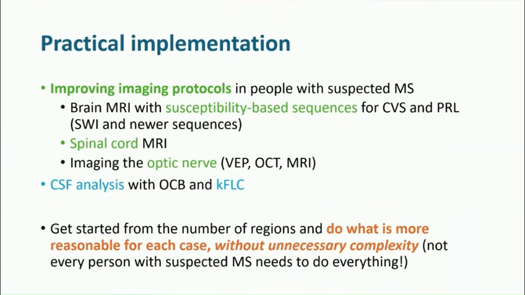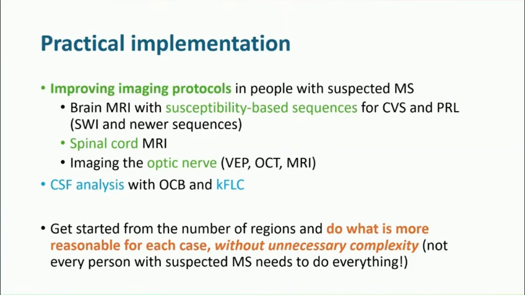My general advice is that brain MRI shall be acquired with SWI sequences, or newer sequences that are much better at detecting central vein sign or paramagnetic rim lesions, which are due to come to clinical practice hopefully soon.